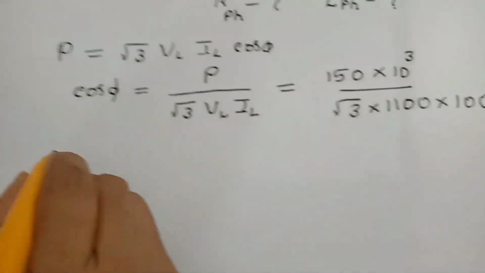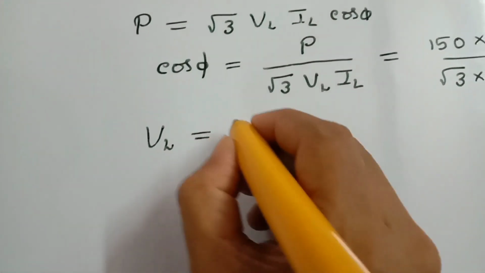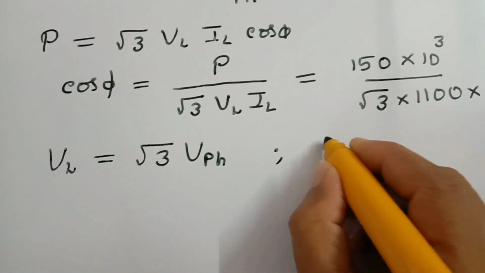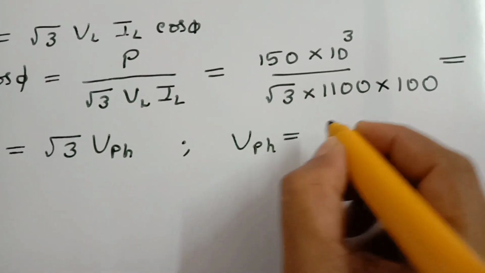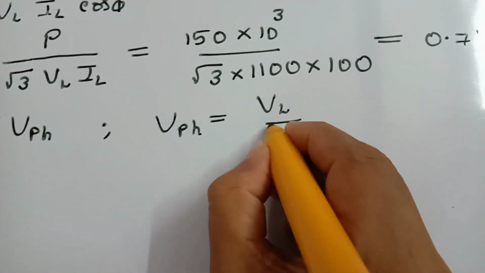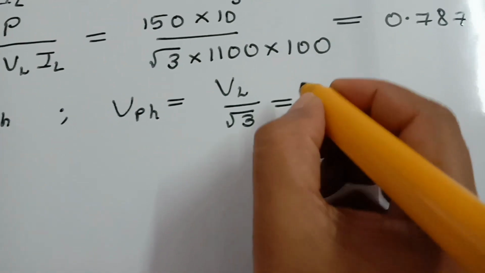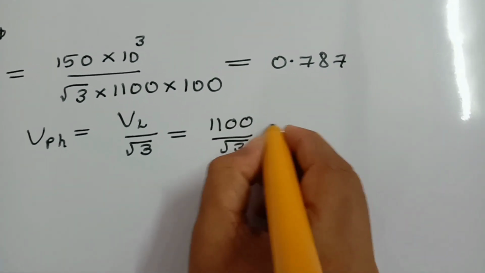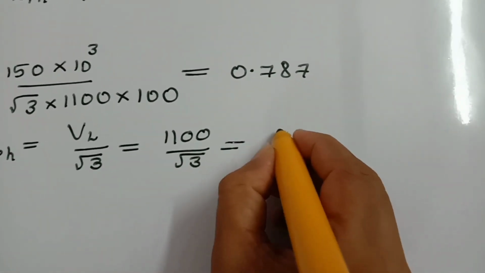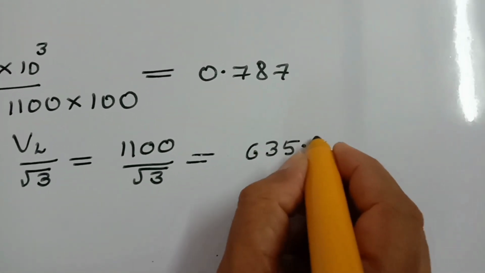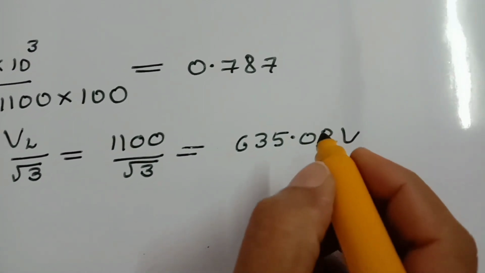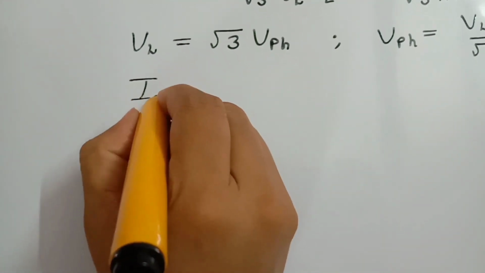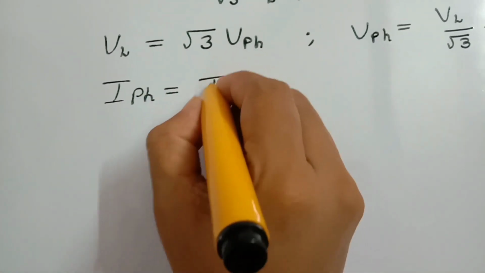Now, for star connection, VL is root 3 times V phase. So, V phase is equal to VL divided by root 3. Now, VL is equal to 1100 divided by root 3. So, the phase voltage is 635.08 volt. Now, for star connected system, the phase current is the line current.